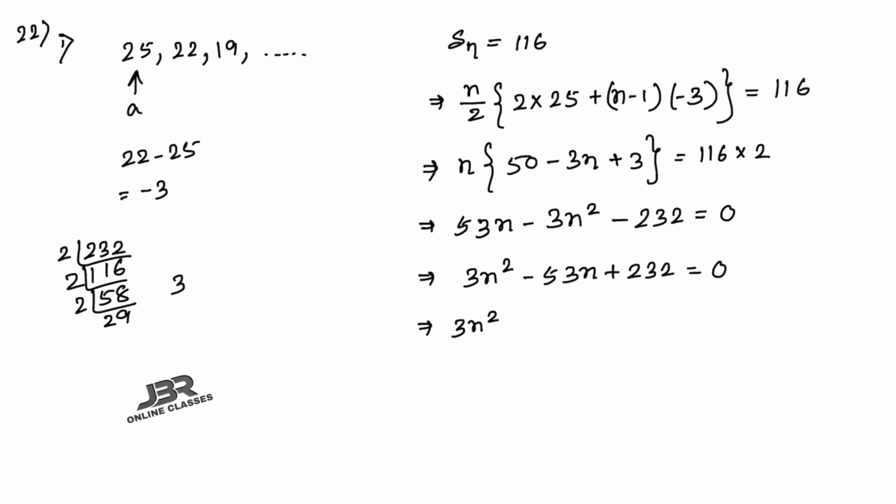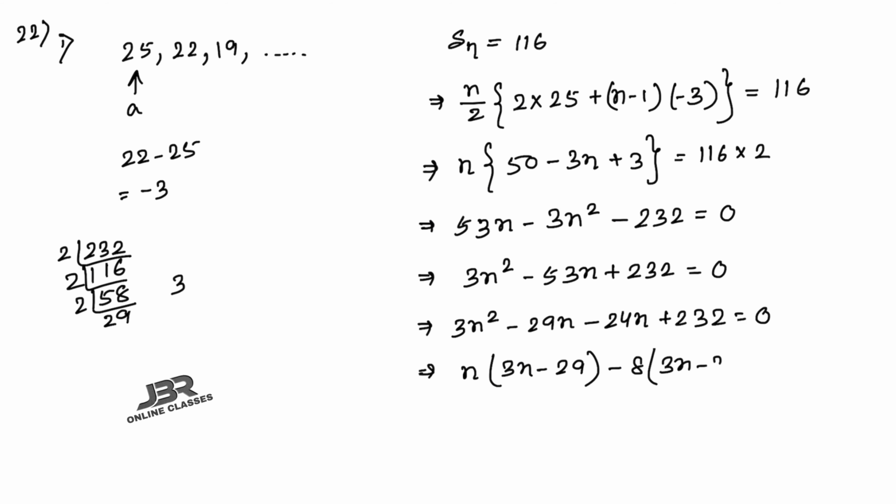So 3n square minus 29n minus 24n plus 232 equals 0. So here if n is common, it will be 3n minus 29, and if I take 8 common, then 3n minus 29, and that equals 0.